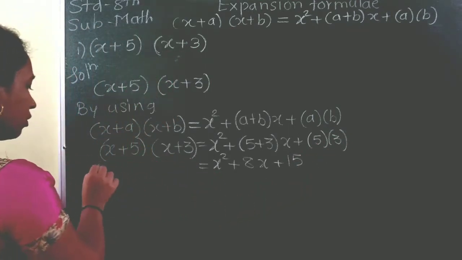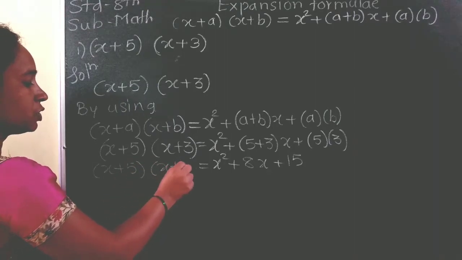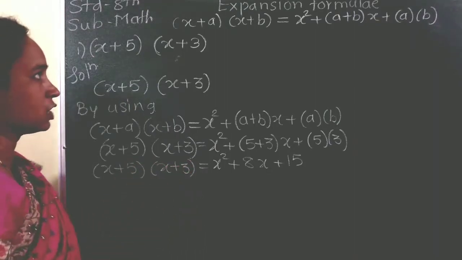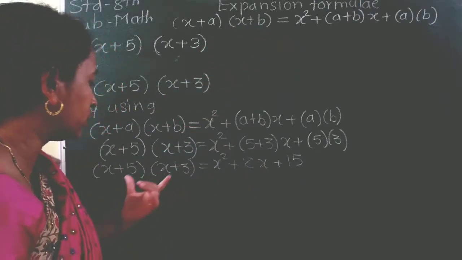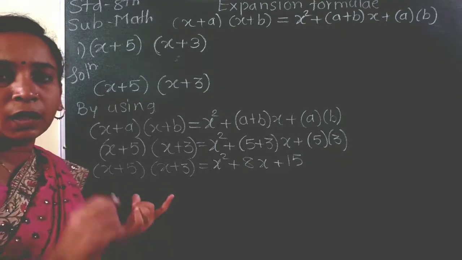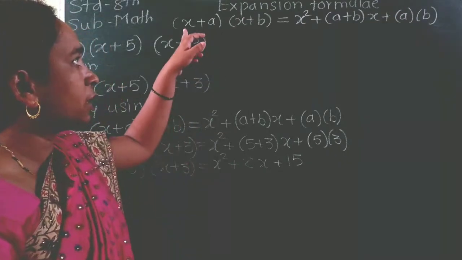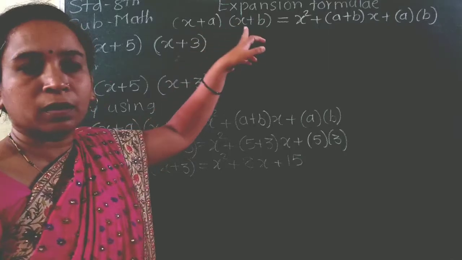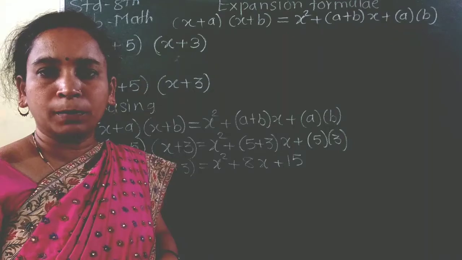So I have got the expansion of (x + 5)(x + 3), the product of these two binomials, by using the expansion formula without multiplication. The condition for using this expansion formula is that both should be binomials and among them one term should be common.